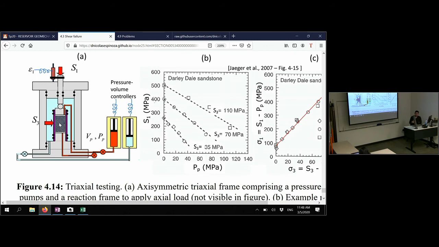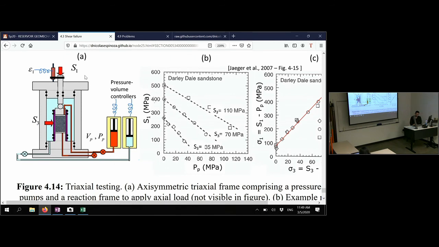And in order to calculate effective stresses now, you will have to consider that pore pressure. So when you have a pore pressure, the effective radial stress is going to be the confining pressure minus the pore pressure.